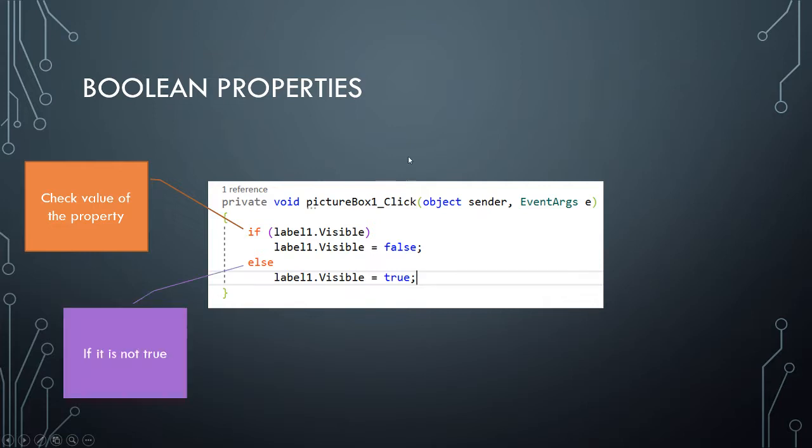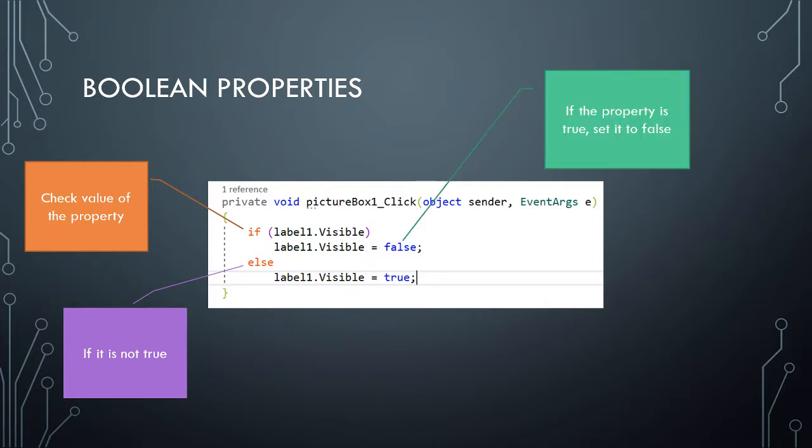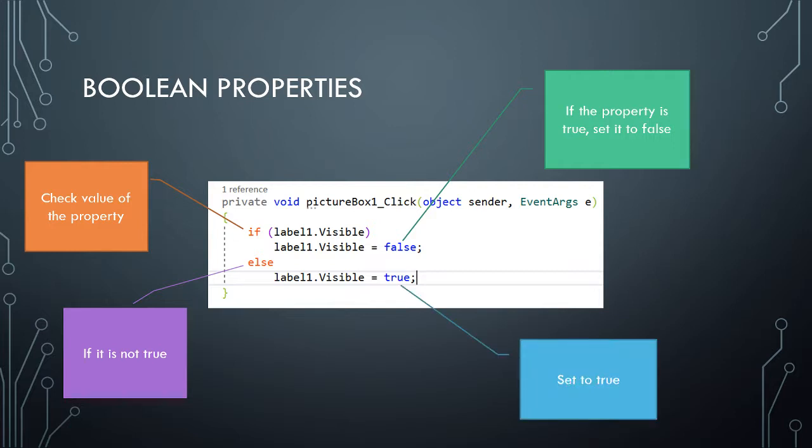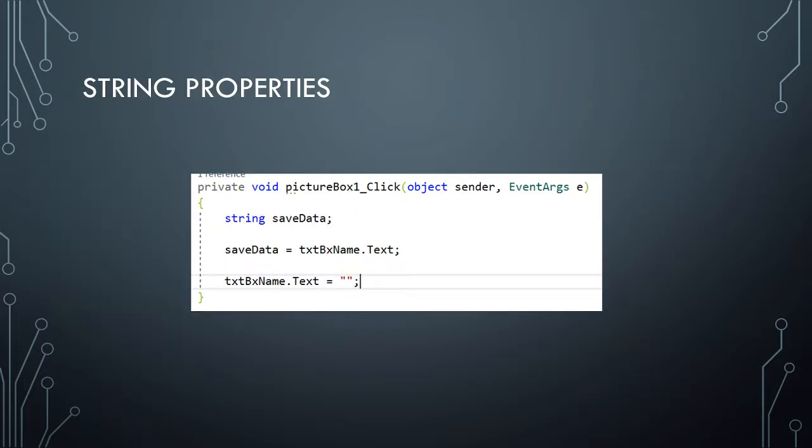We would, of course, execute our else clause if it were not true, meaning our label was currently invisible, and then we would change the setting of that visible property to be the opposite. So we can toggle it on and off. We'll do that in just a second with our Hello World program.